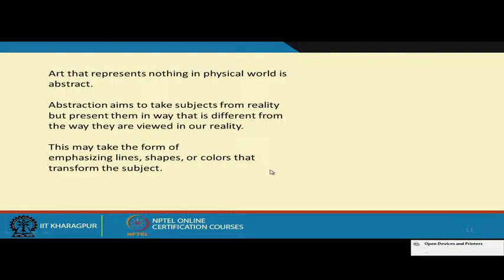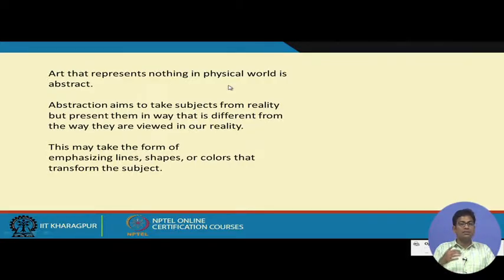That is another attribute which is possible, and art can represent nothing. Art that represents nothing in the physical world is abstract. Something which is not representing anything is abstract, and that is possible in case of art.